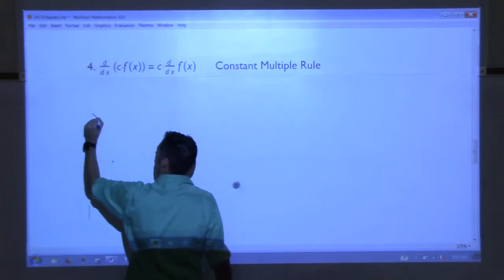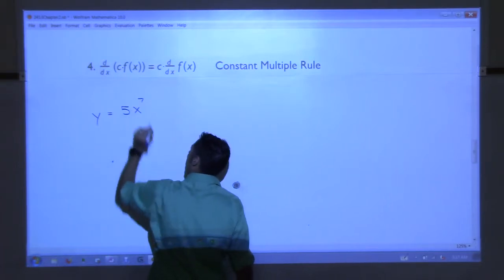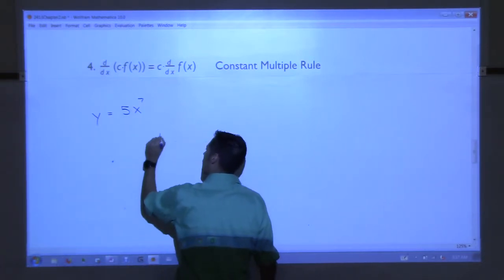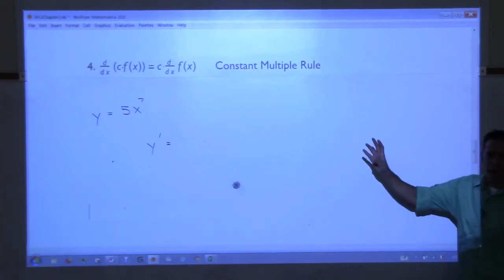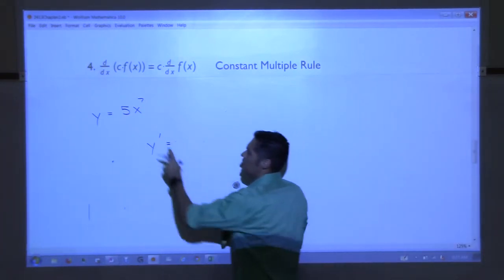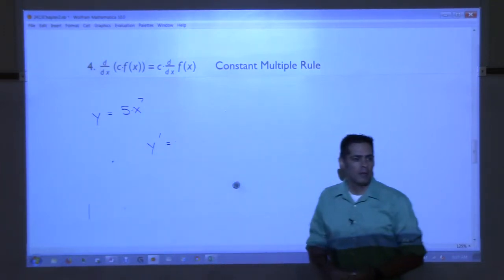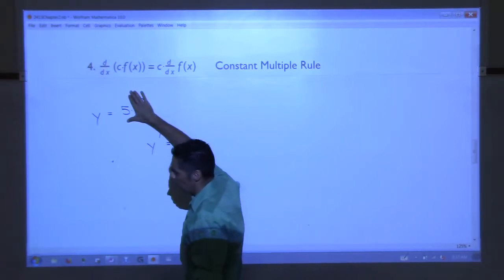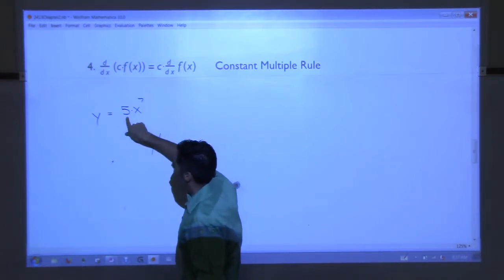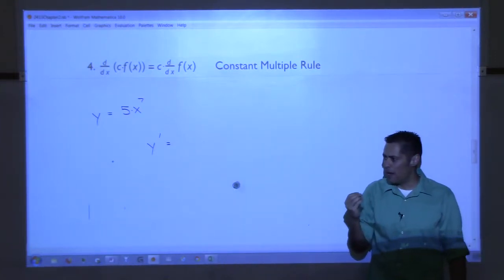All right, so let me give you an example. Let's say we have y equals 5x to the 7th, and we want to take its derivative. You see 5 is attached to x to the 7th through multiplication, right? Now, the derivative of 5 by itself is what? 0. But if that 5 is attached to a function of x, you do not say the derivative of 5 is 0.